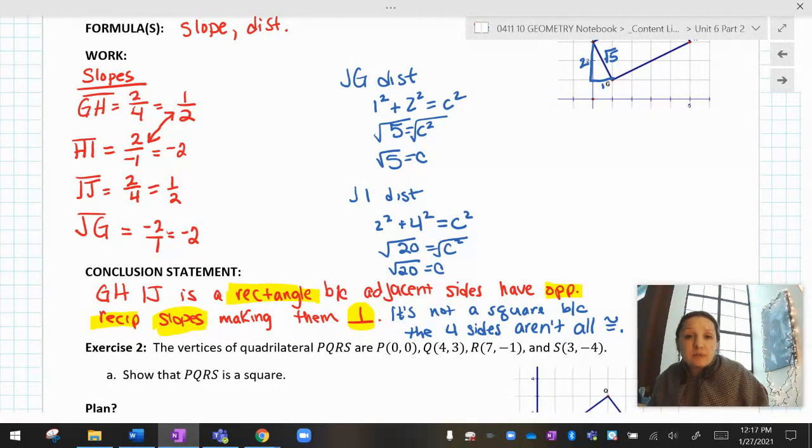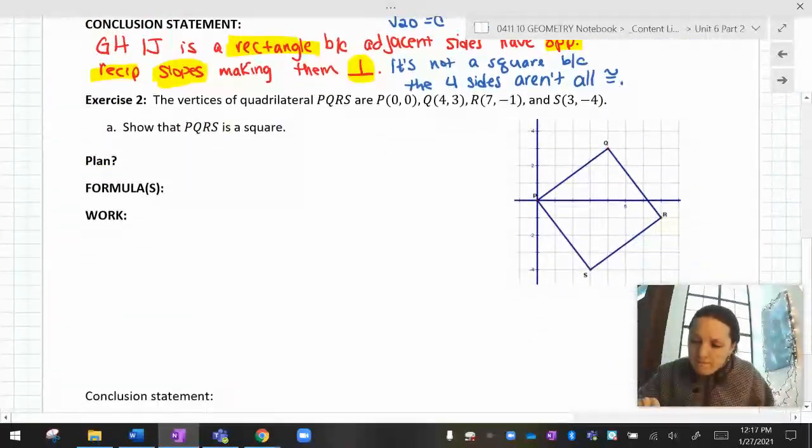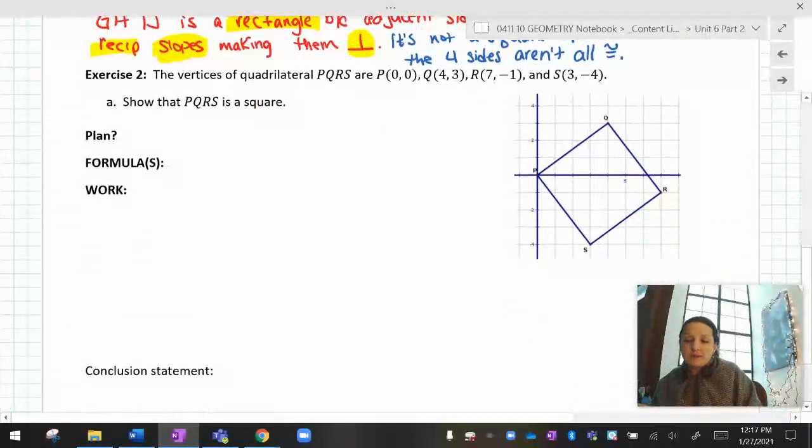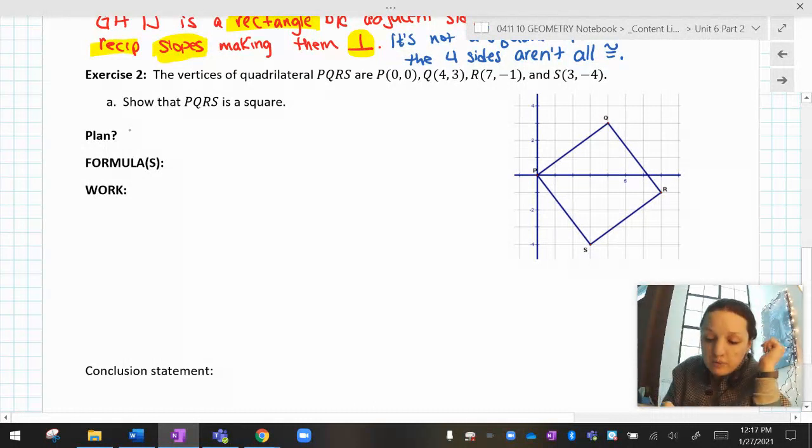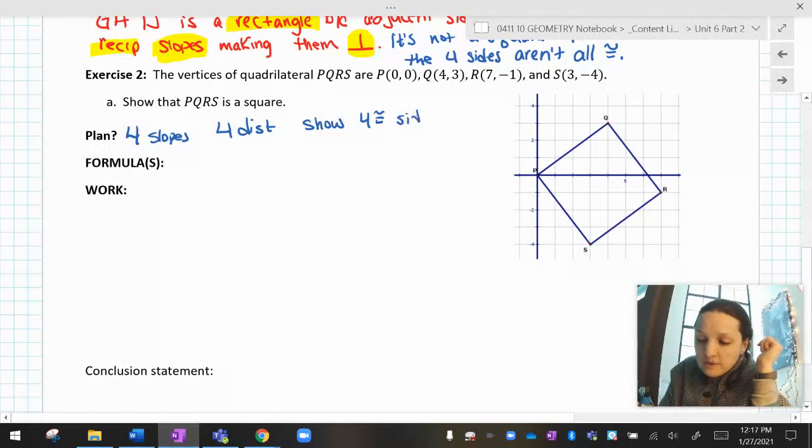You look at it, you decide what formulas to use, you use them, and then you write a conclusion. All right? So let's come down here. PQRS, they want us to prove that it's a square. Okay, if I want to prove it's a square, I need to do 4 slopes and 4 distances to show 4 congruent sides and 4 pairs of perpendicular sides.